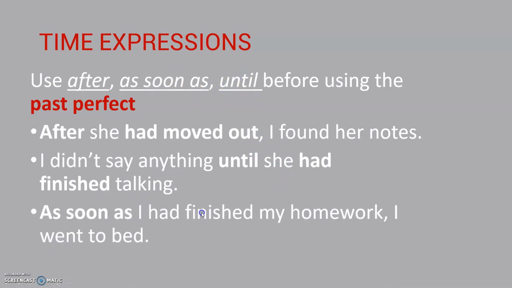Last example: as soon as I had finished my homework, I went to bed. So what happened first again? I finished my homework, and then I went to bed. The action that happened first is always going to have the past perfect tense.